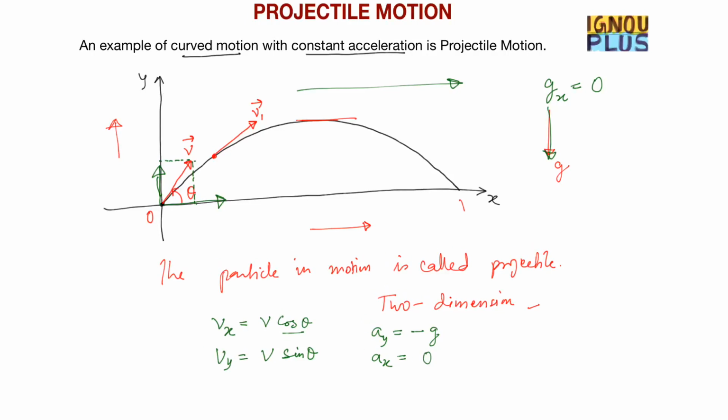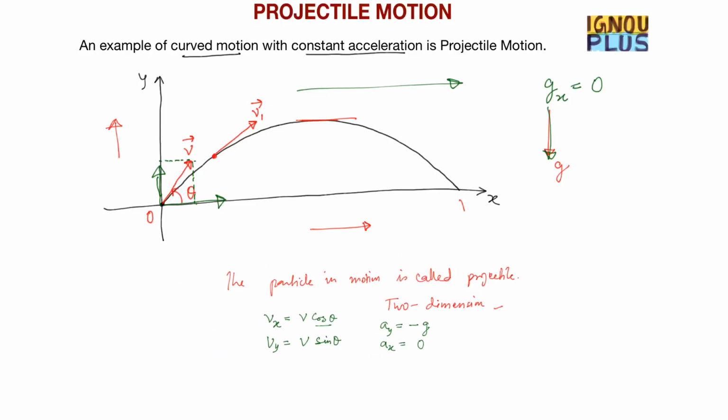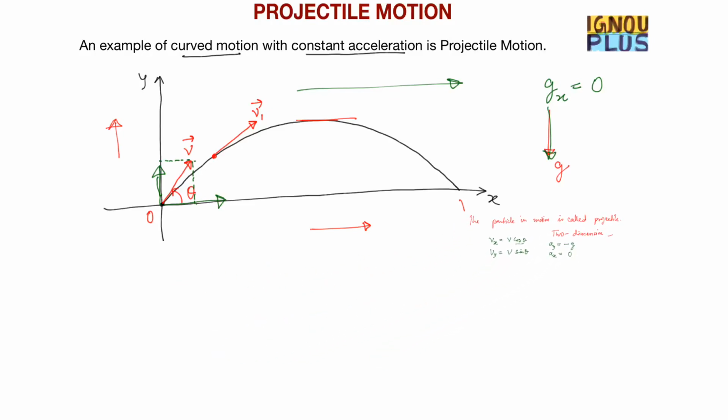Now let us describe this motion. It means let us make equations of this motion. For that reason, first of all, we need to learn what happens when this projectile motion happens. A projectile is projected and it reaches a certain point. So this whole distance is what? What is the formula for distance? This is the distance in the x-axis.